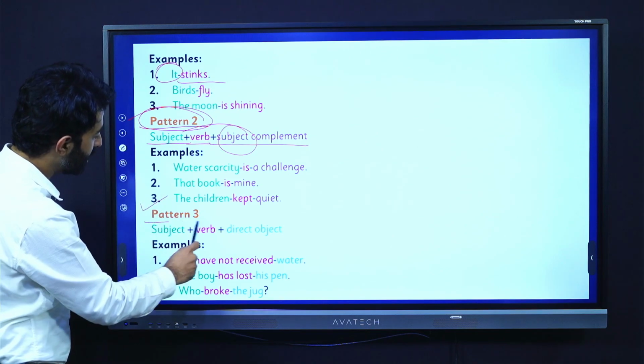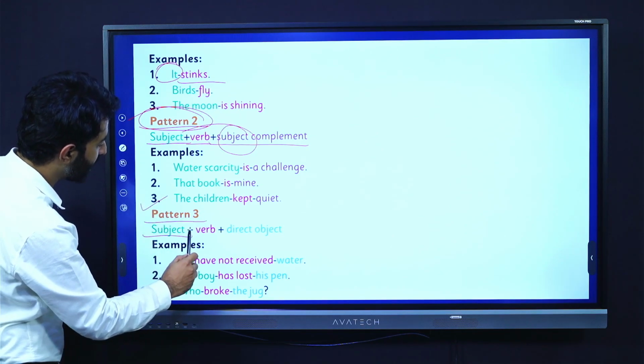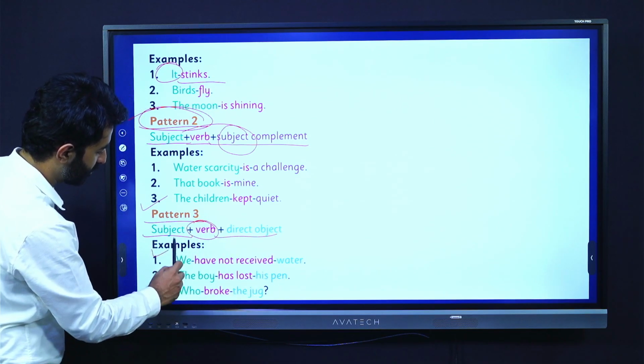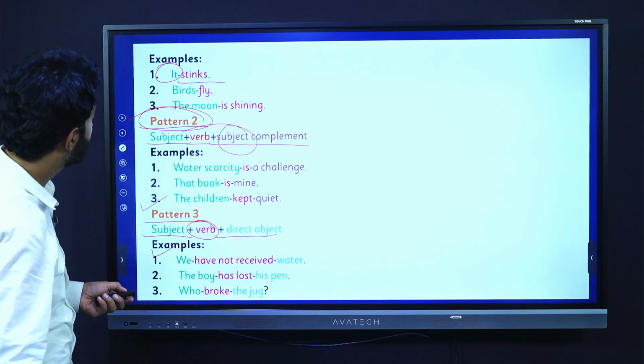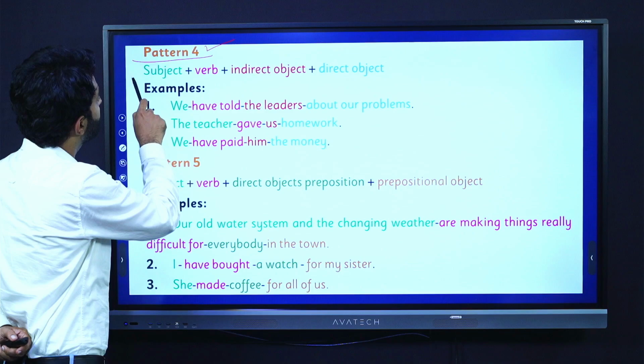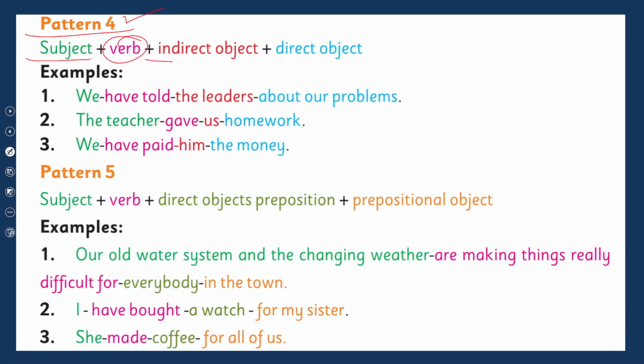Pattern number 3, where we talked about subject plus verb plus direct object with examples. Alright, so this was pattern 3, and pattern 4 is subject plus verb plus indirect object and then the direct object. And all of these things are shown in the different colors accordingly.